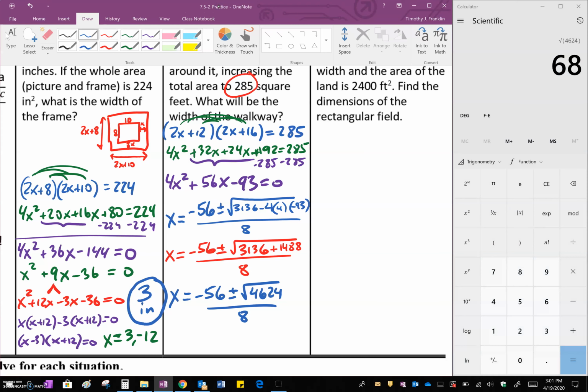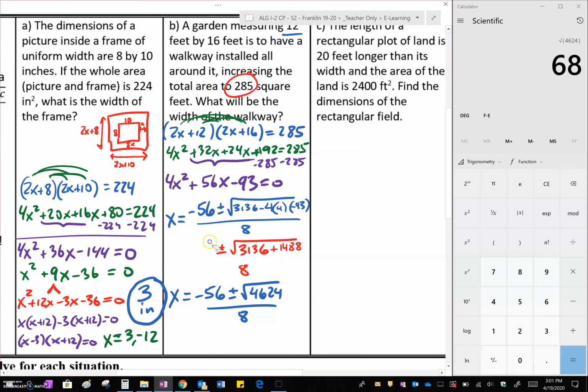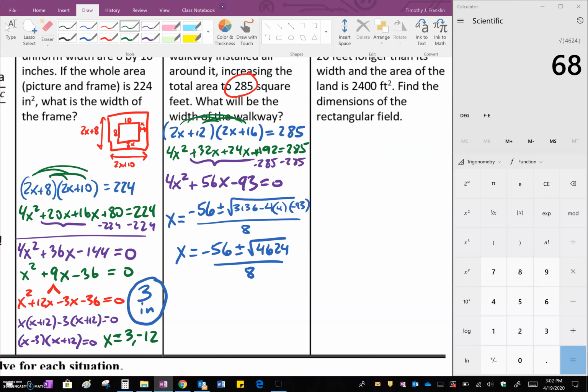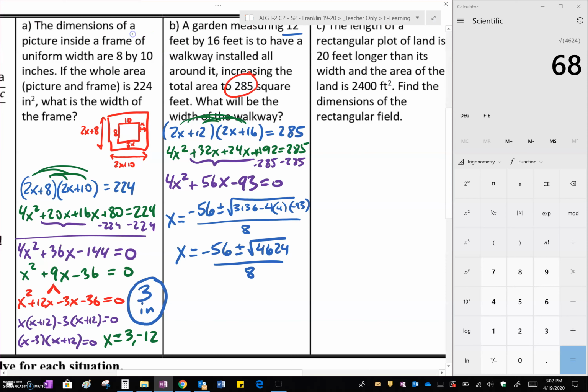I'm kind of running out of space here. I think maybe I'll just erase this line. Hopefully you're okay with that. You can go back and check and see what it was if you want. All right, so x equals negative 56 plus and minus 68 all over 8.